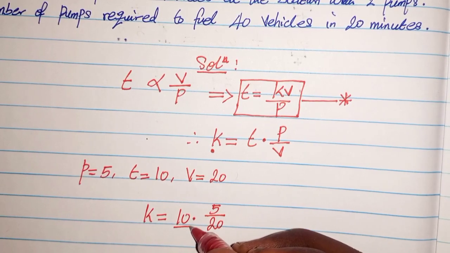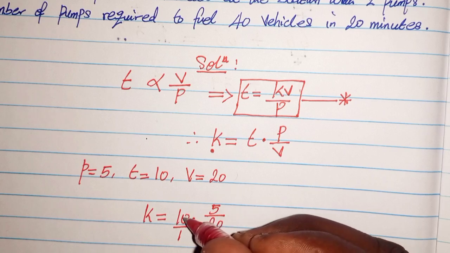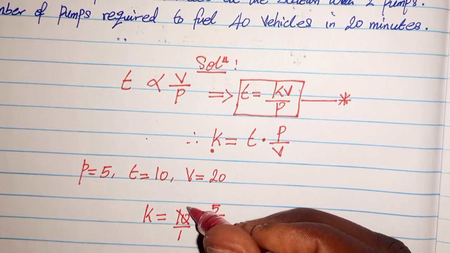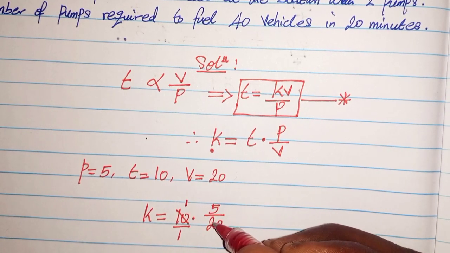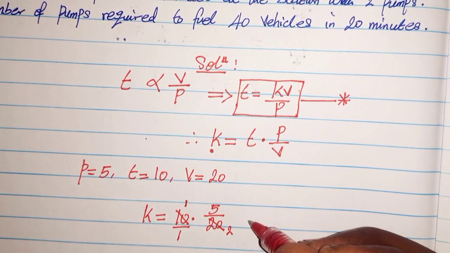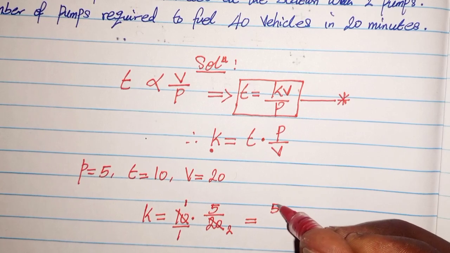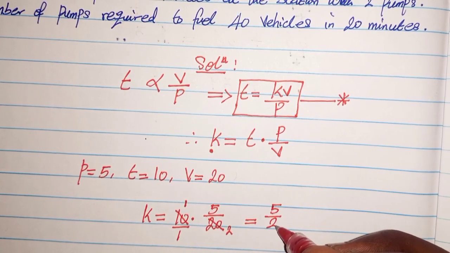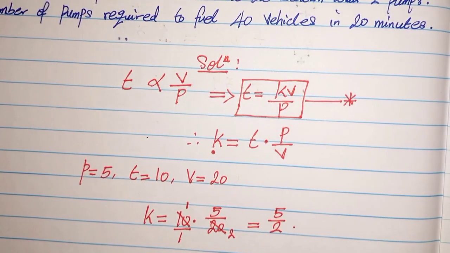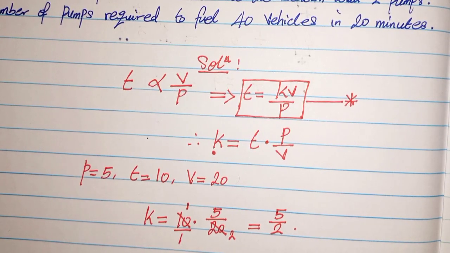We can make this over 1, and then you observe that the numerator here can go 1 time and it can go in the denominator here 2 times. So consequently, it means that our K is equal to 5 all over 2. So that is our K. Now we can substitute this into our formula.